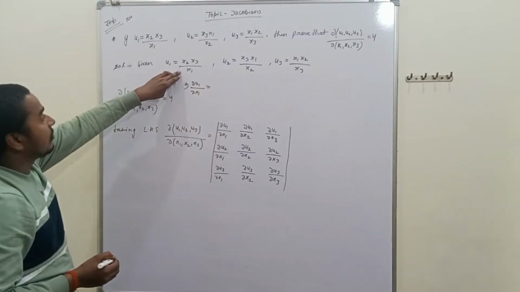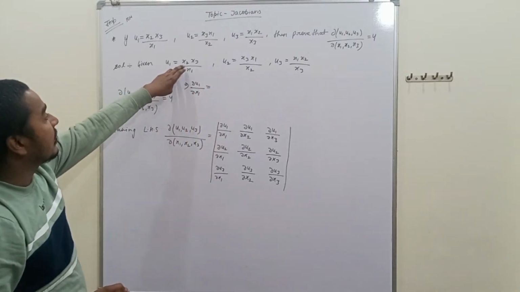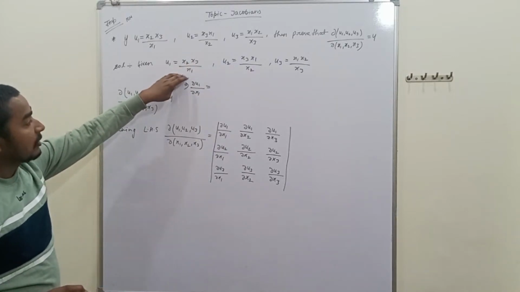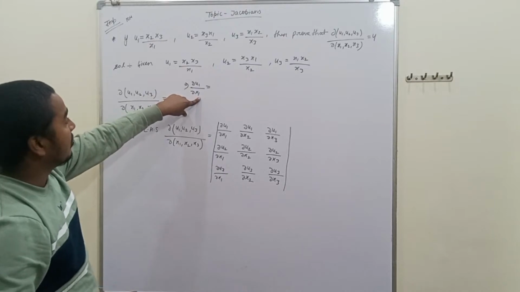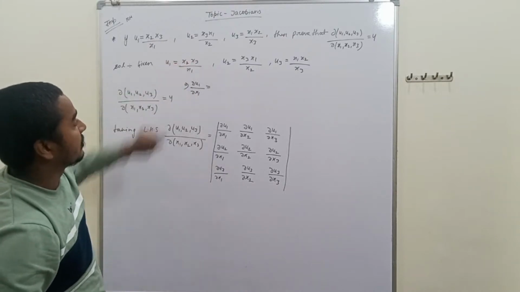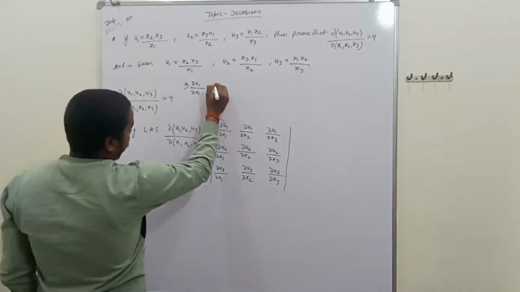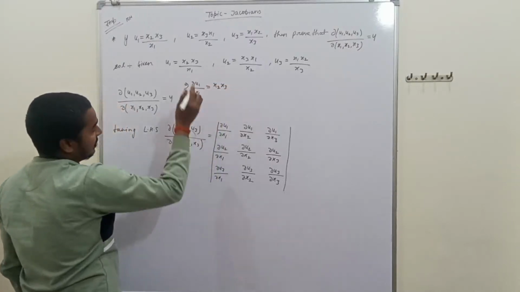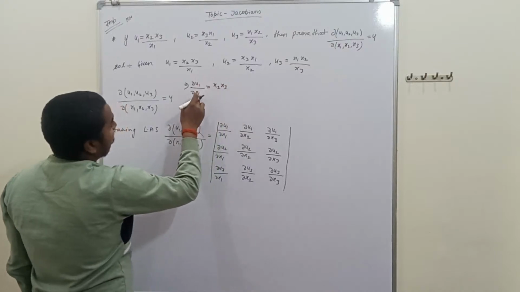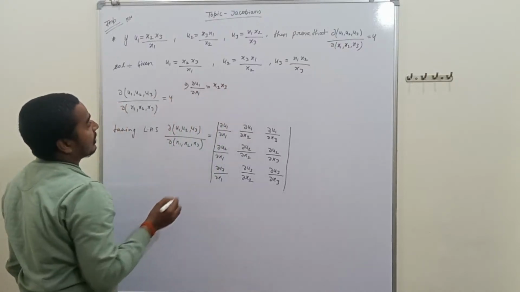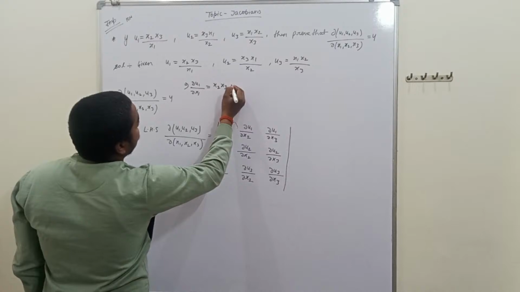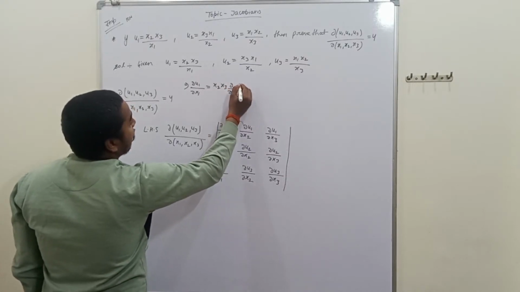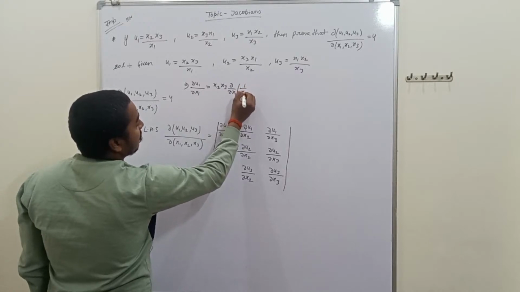Here u1 is equal to x2 into x3 upon x1, and differentiating partially with respect to x1, taking x2 and x3 as constant, we write x2 x3 as a constant and differentiate 1 upon x1.